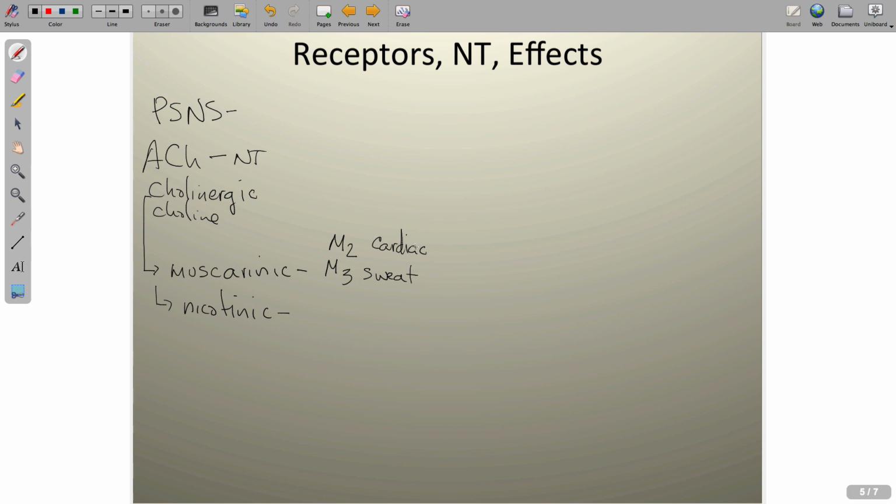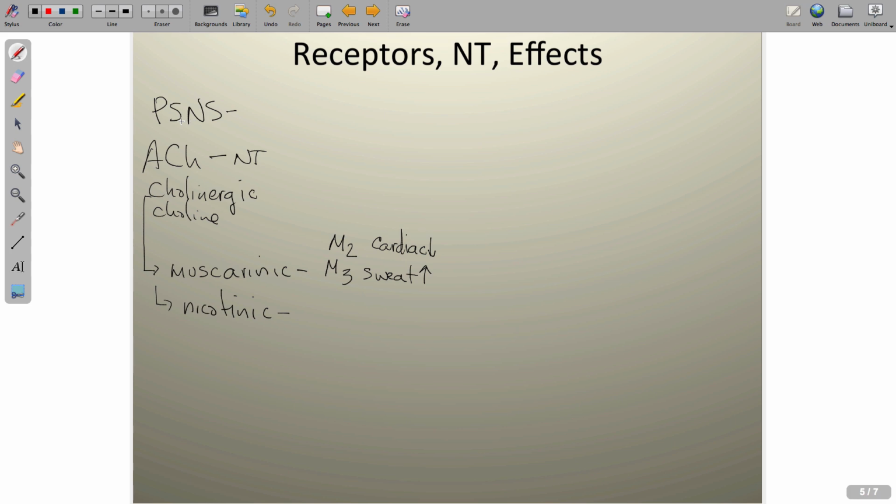So this is going to decrease heart rate, and you already knew this because earlier we said the parasympathetic nervous system is feed or breed. We said acetylcholine is the neurotransmitter, and when the parasympathetic nervous system talks to the heart, it's a slowing action. It suppresses force, suppresses conduction velocity, and it suppresses heart rate.